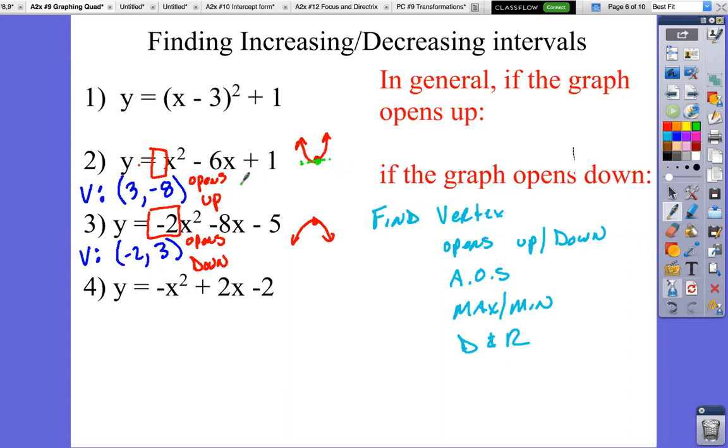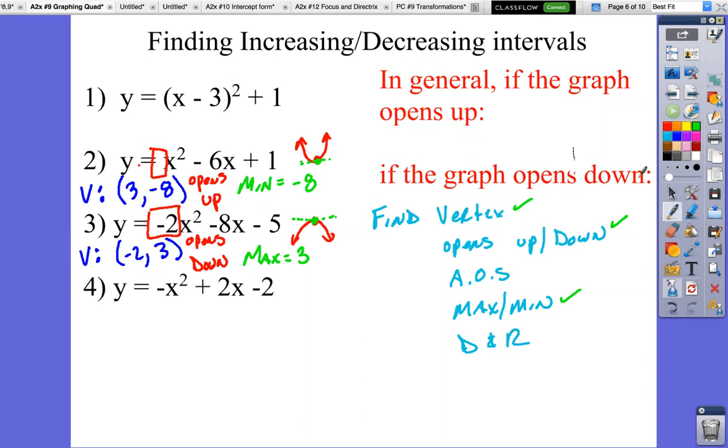It's the lowest, so it's a minimum. What is the minimum? -8. Perfect. And over here, if it opens down, is that a maximum or minimum? Maximum. And the maximum is 3. Perfect. All right. So we got the vertex, opens up or down, max or min.